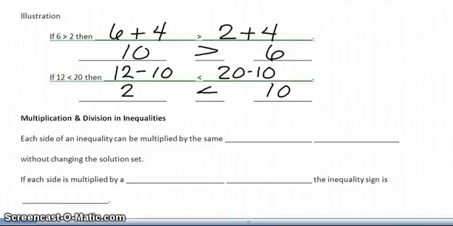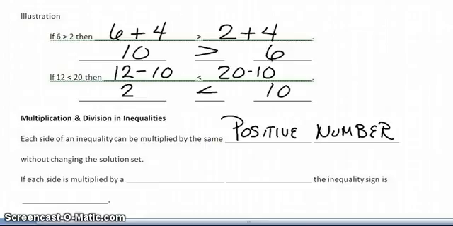The difference comes into play when we're working with multiplication and division. Each side of an inequality can be multiplied by the same positive number without changing the solution set, meaning the inequality sign stays the same.